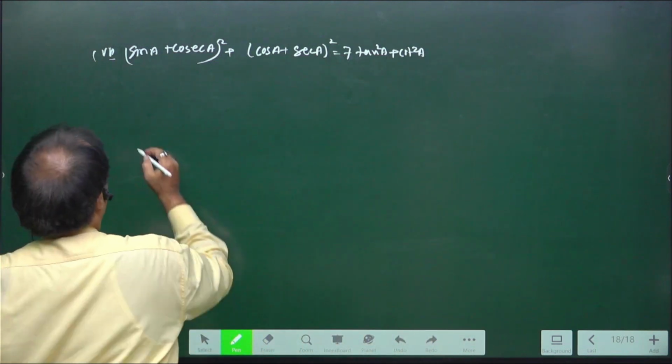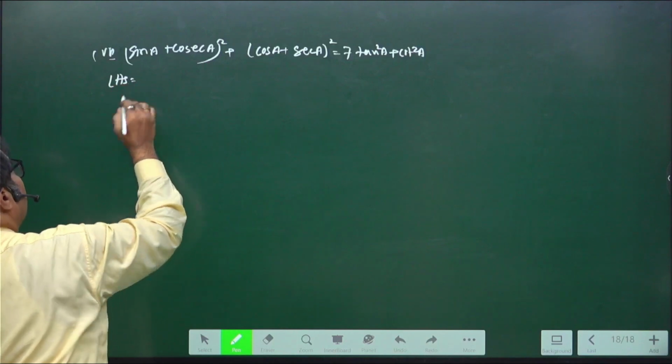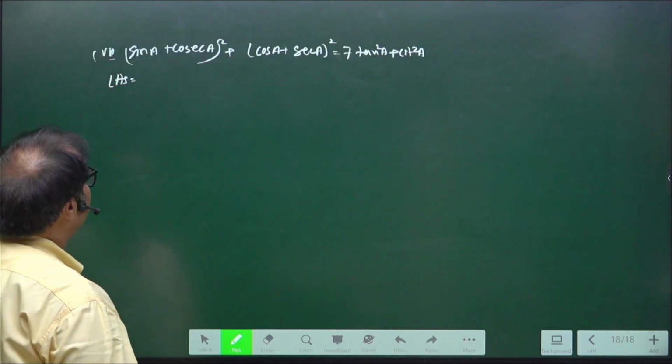So take the left hand side, LHS, and apply the identity of (A plus B) whole square.